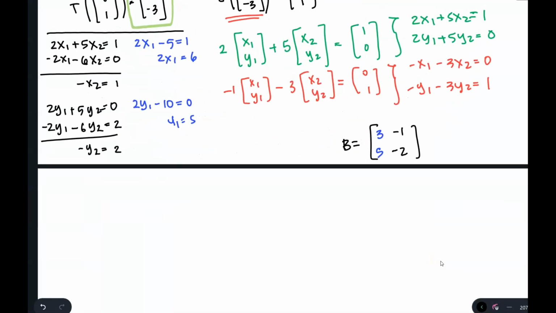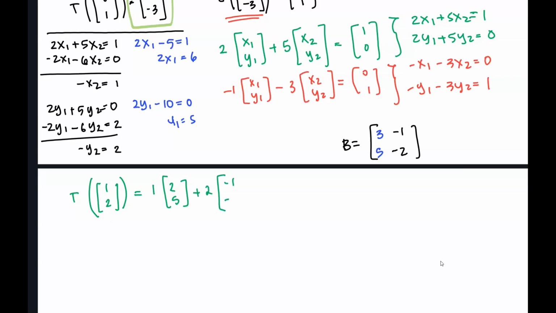Okay, so let's test this out with just an actual number, like an actual vector. So let's look at the vector 1, 2, and I want to take the first transformation of this. All right, so we know this would be 1 times that first column vector in my standard matrix, plus 2 times my second vector in my standard matrix, which is, oh, nice, 0 and negative 1.